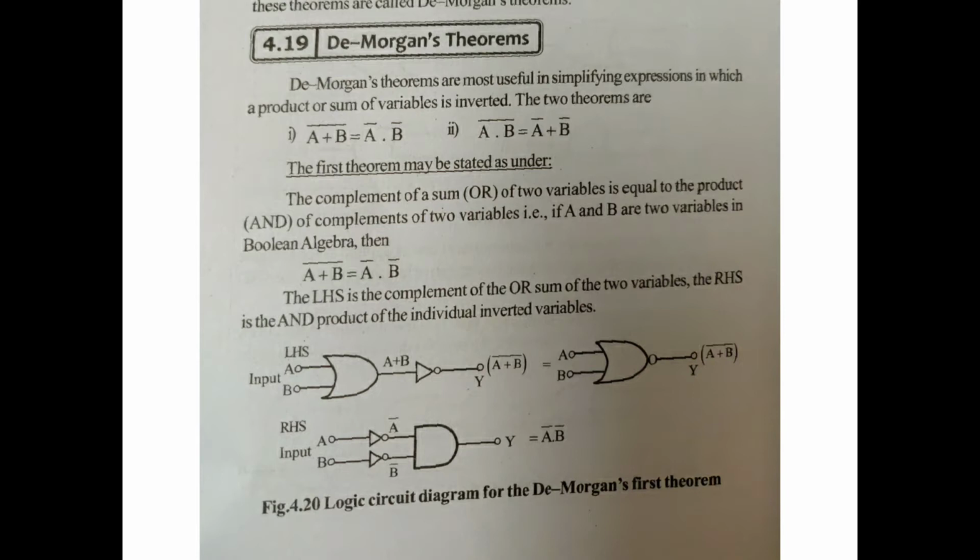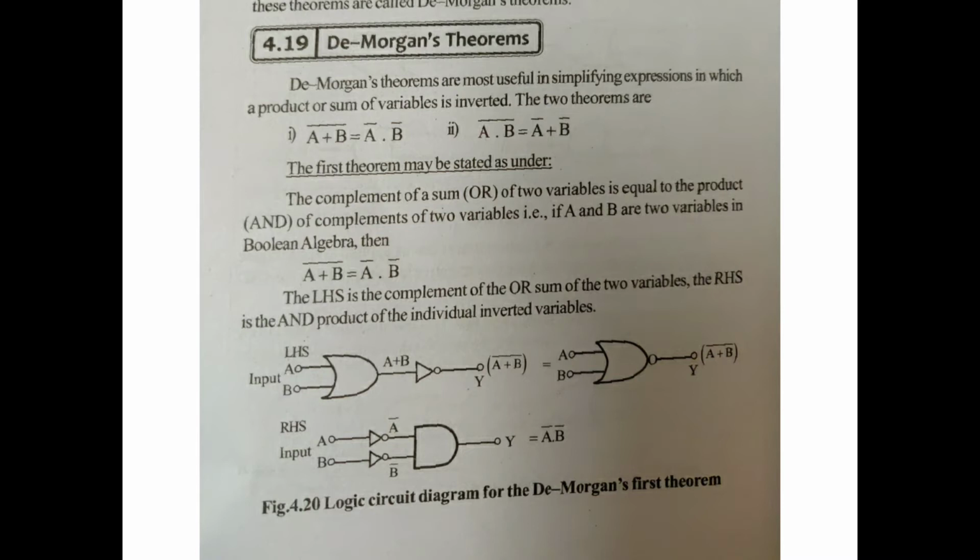A bar and B bar are the two inputs given to two inverted gates, NOT gates, that is fed to the AND gate, and the output will be A bar dot B bar. This is the circuit diagram for De Morgan's first theorem. Next, proof.